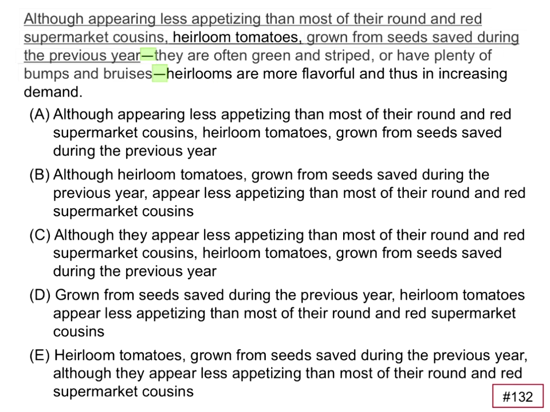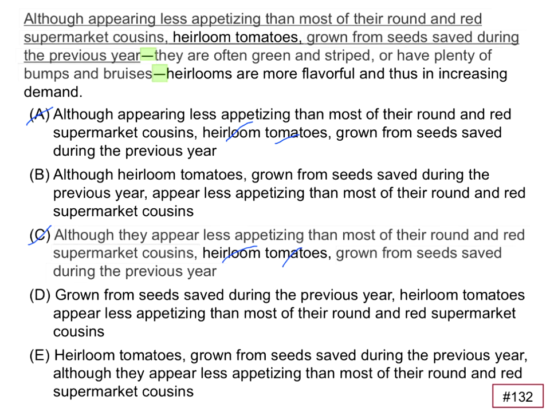All right, so we can cross off answer choice A for repeating that subject there. Any others that do the same thing? All right, let's see. So answer C, again, has this opening modifier, again, goes into the grown thing, and still has the heirloom tomatoes hanging out there where they shouldn't be. All right, good. C is gone. And then let's see, we've got E too.